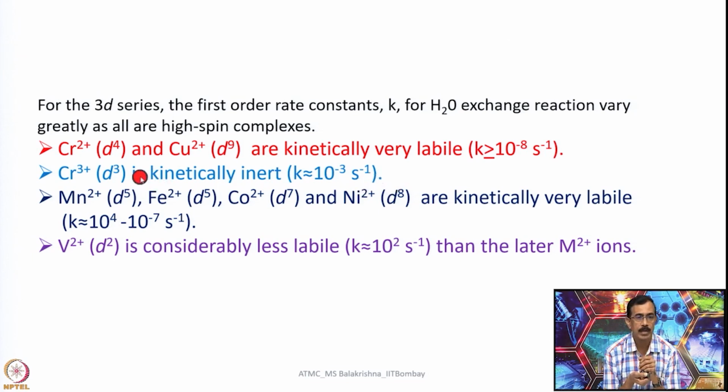And if you consider d5 species such as Mn2 plus and iron 2 plus, and d7 species such as cobalt 2 plus, and nickel 2 plus, d8 species, all are kinetically labile, and of course this value itself will tell you. And when we look into vanadium 2 plus having d2 electronic configuration, this is also considerably less labile than the later M2 plus ions. So, this is some information about the influence of crystal field effect on substitution reactions in octahedral complexes.